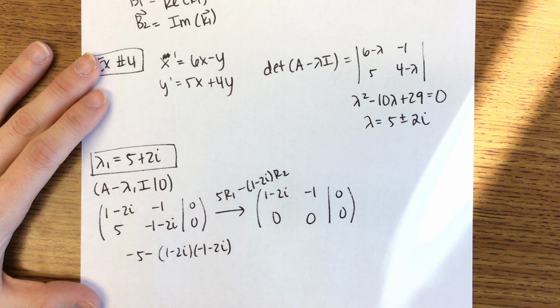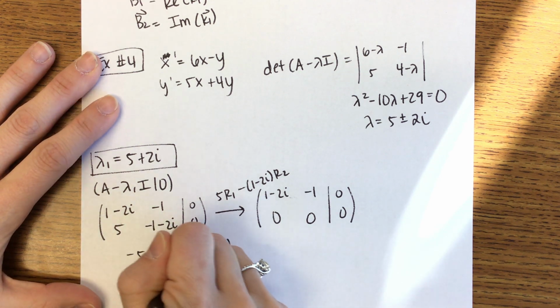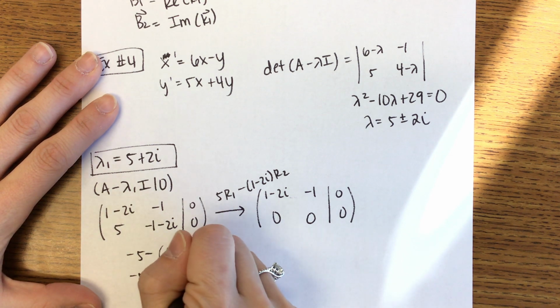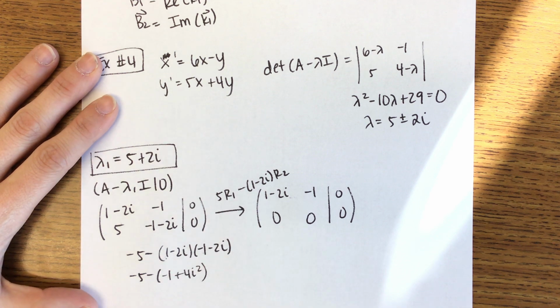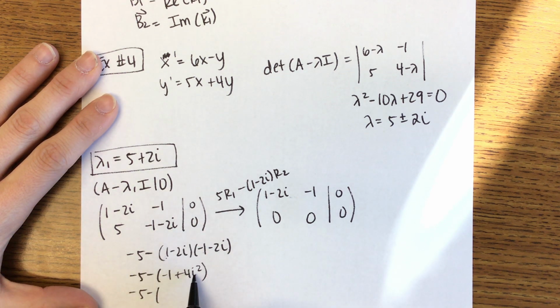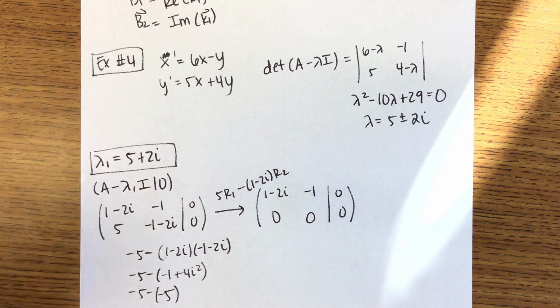Just to verify that we do in fact get 0, we get negative 5, minus 1 times negative 1 is negative 1. I get positive 2i, negative 2i, and then I get positive 4i squared. i squared is negative 1, so that's negative 4 plus 1 is negative 5. So I do in fact get 0. With me so far? Okay.